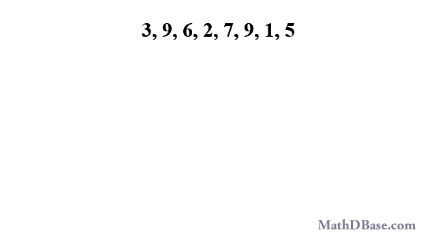If we are given the digits 3, 9, 6, 2, 7, 9, 1, and 5, and asked to write the smallest possible number using only these 8 digits once, we have to make sure that the digits from higher periods and orders are smaller than those from lower periods and orders. With 8 digits, we can form a number in the tens of millions.